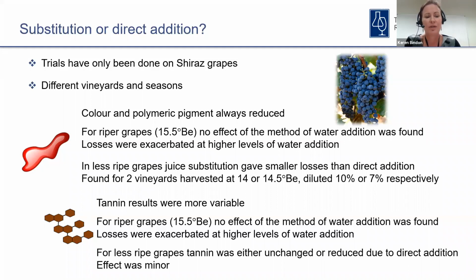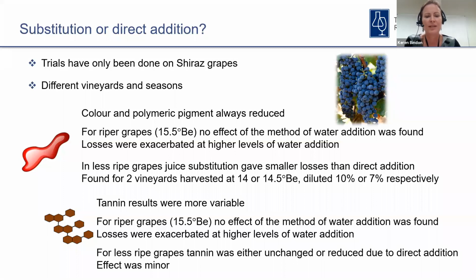So for two completely different vineyards harvested at either 14 or 14.5 Baume and diluted 10% or 7% respectively, it was found that with the smaller addition, the juice substitution gave less of a loss in tannin and colour than the direct addition.